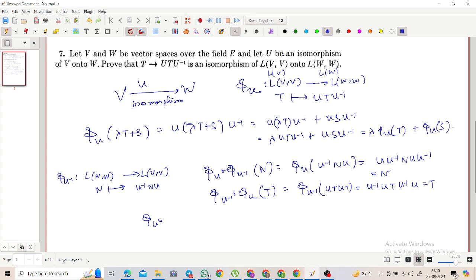So phi U composed with phi U inverse is the identity map of L(W), and phi U inverse composed with phi U is the identity of L(V). So we are done. That's it.